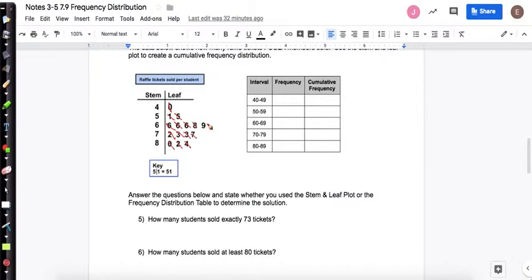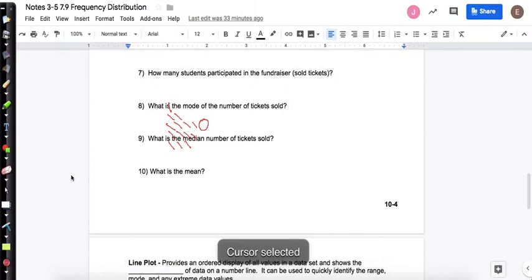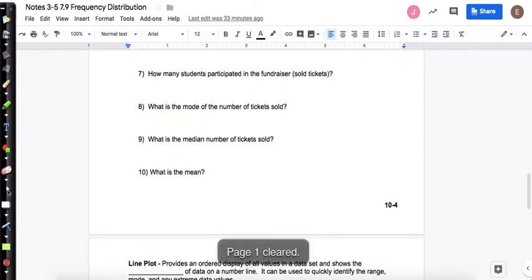And we know there's going to be 1 number in the middle because I have an odd number of data. And so this would be read, I have a stem of 6 and a leaf of 9, so that would be 69. So write 69, and since I was looking for an exact number here, I can't use the frequency distribution, so I'm going to write stem and leaf plot.